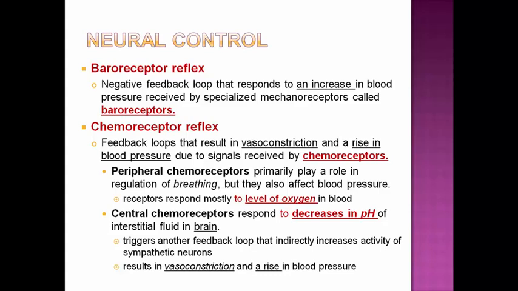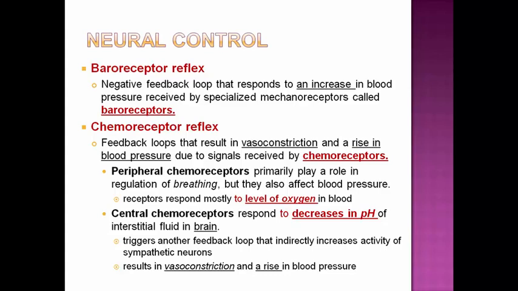Your central chemoreceptors, those up in the aortic arch and the common carotid artery, are usually responding to decreases in pH, especially in the fluid feeding into the brain. That would trigger another feedback loop that would indirectly increase the sympathetic neurons involved, vasoconstriction would happen, and you would have a rise in blood pressure.